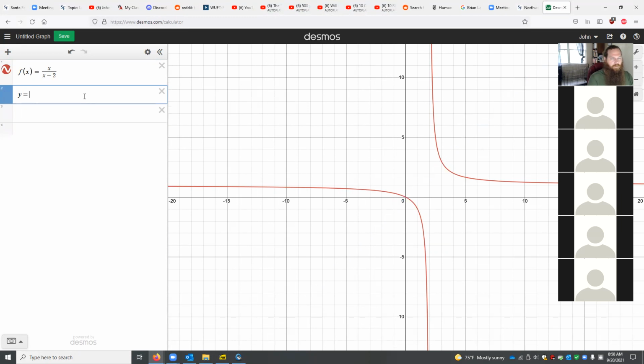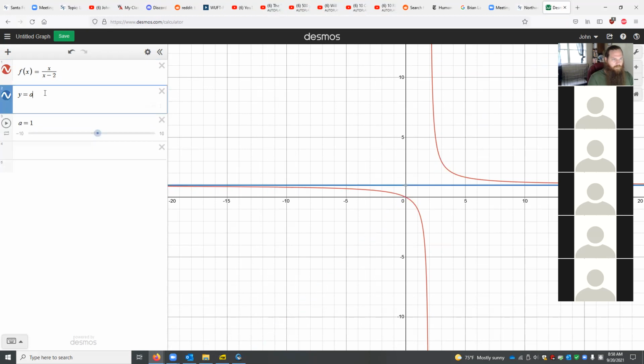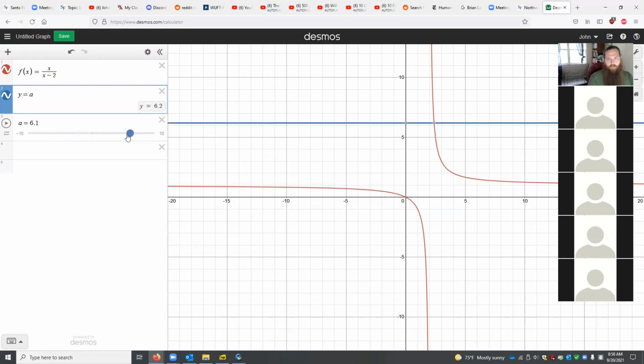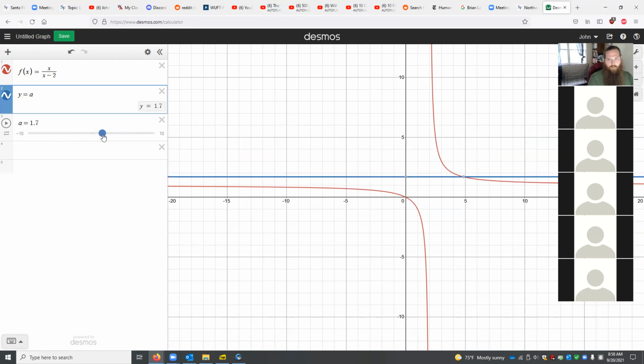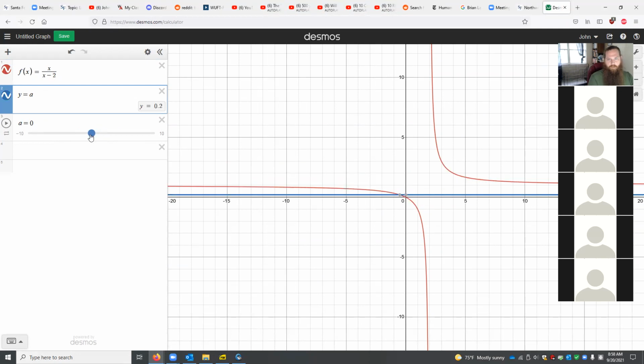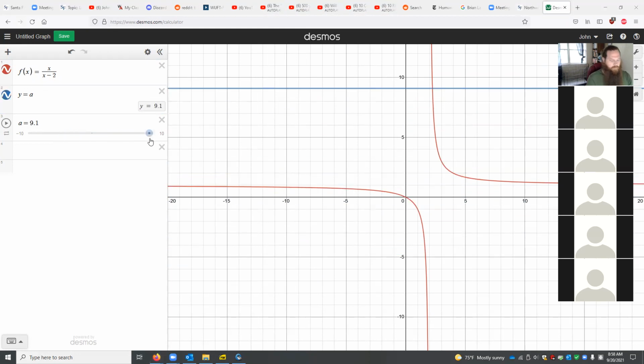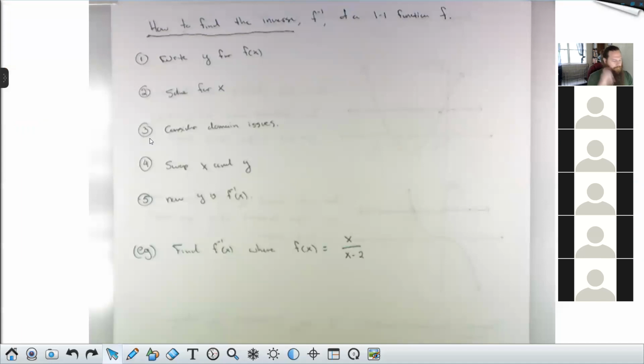All right, so check out this blue line. Nowhere does it touch the graph more than once. It might look like you're going to get into trouble here, but look, it doesn't. It jumps from the right to the left and never does it touch the graph more than once. So we're good. This is indeed a one-to-one function.